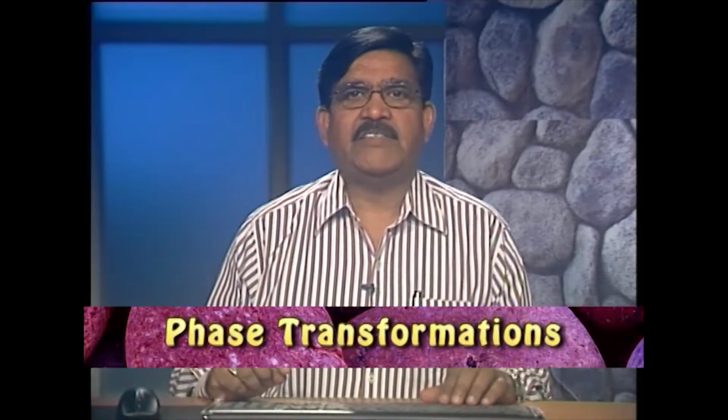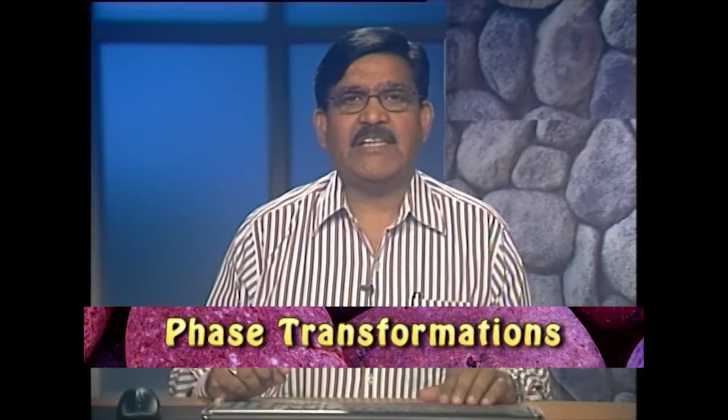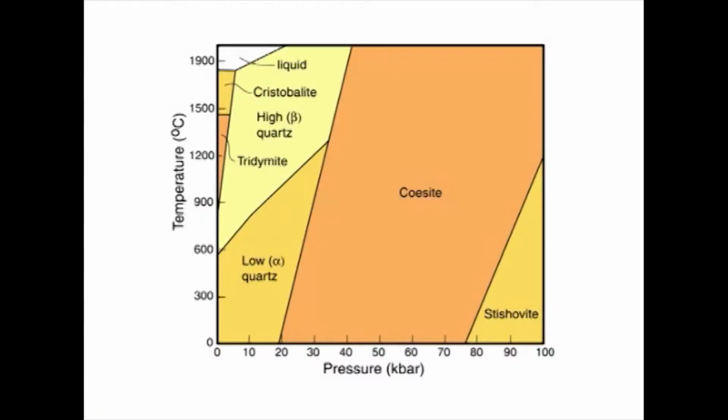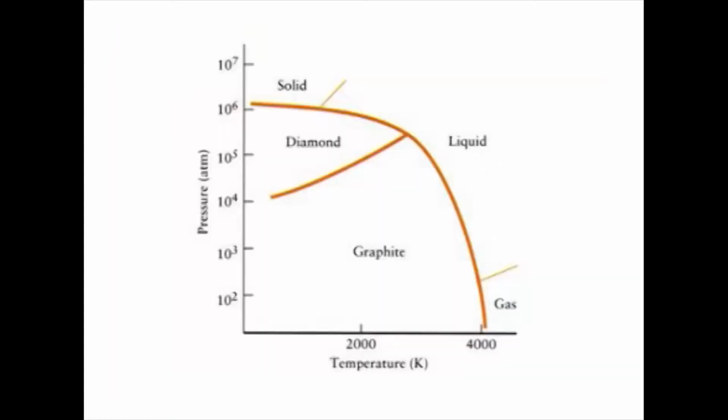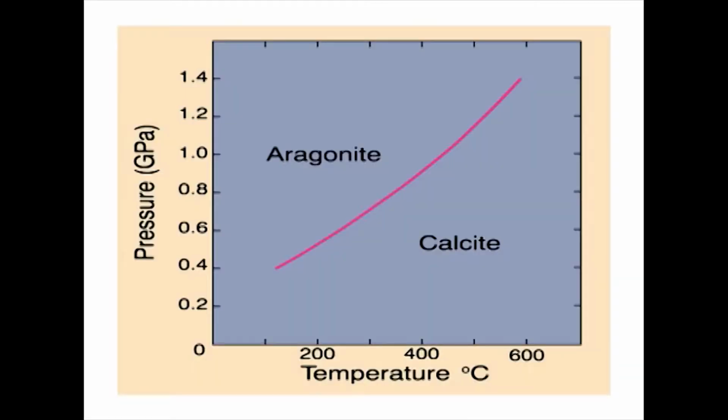The various types of metamorphic reactions are as follows. First, phase transformation. These are the polymorphs of SiO2 or Al2SiO5, graphite and diamond, or calcite and aragonite. Al2SiO5, graphite and calcite are the simplest to deal with. The transformation depends on temperature and pressure only.